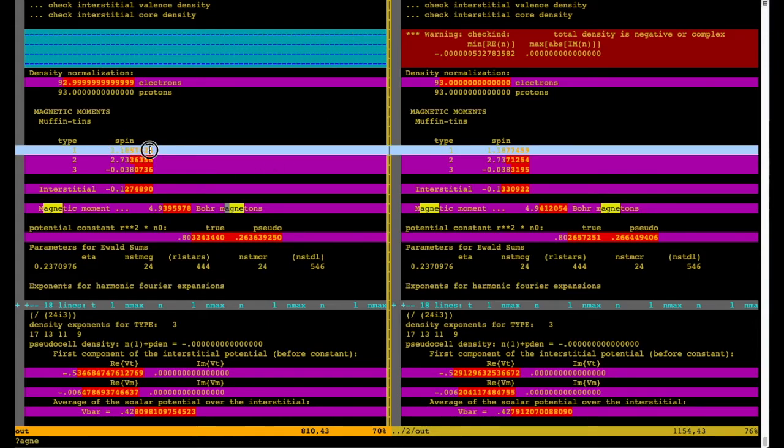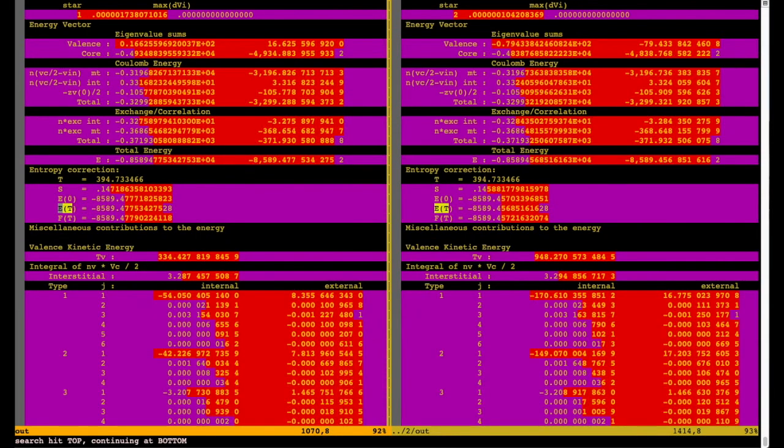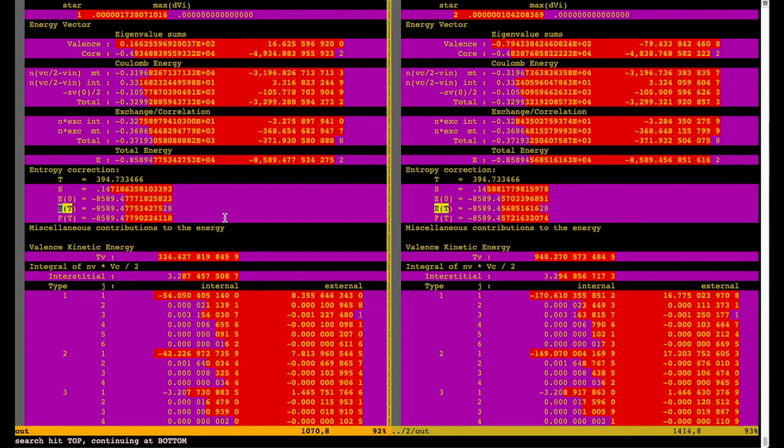You see that magnetic moments are almost unchanged. If you look at the total energy, that changed quite a bit. So watch out when you compare different calculations where you have these semi-core states as a part of your core or valence.